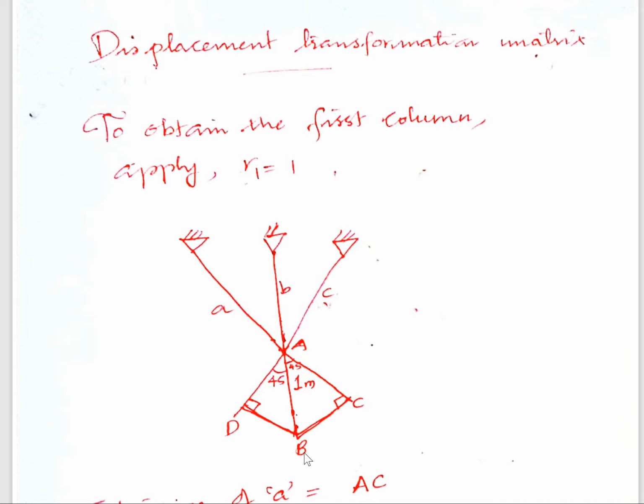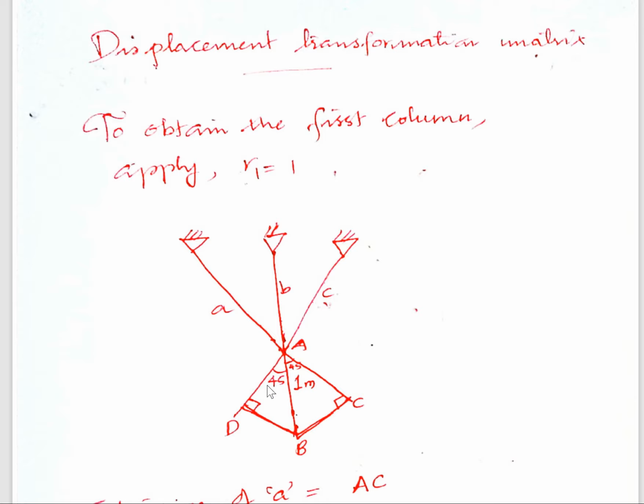So we gave a 1 meter extension from A to B. Then members small a and small c are extended, and then a perpendicular from point B is dropped to each member. Then the extension of small a is equal to AC and the extension of small c is equal to AD.